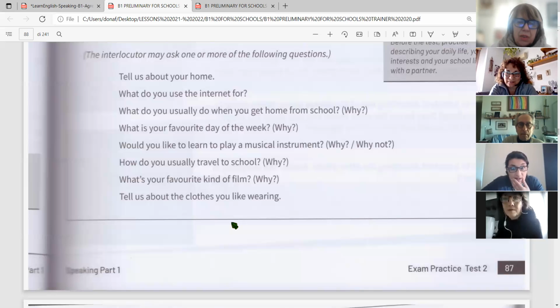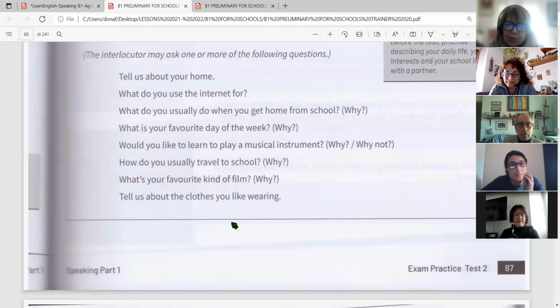No, I don't play any instrument, but my daughters play some instruments. One of them plays flute. Flute. And the other plays guitar, electric guitar. Electric guitar, yes.